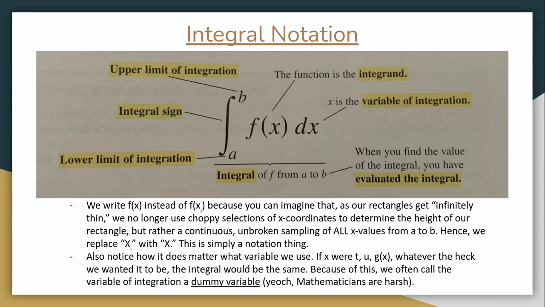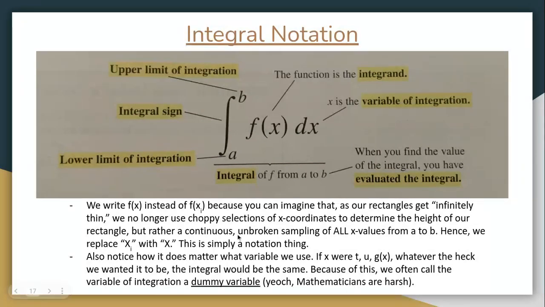But as our rectangles get infinitely small, we use a continuous, unbroken sampling of all the x values from a to b to find the height of our infinitely small rectangles. Hence, we replace x sub i with x to let people know we're taking the values from all the points on the function to act as heights of a rectangle.